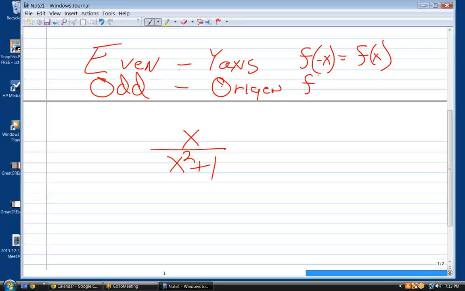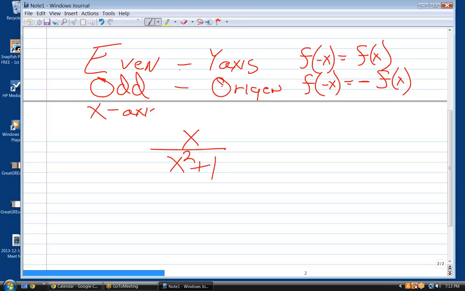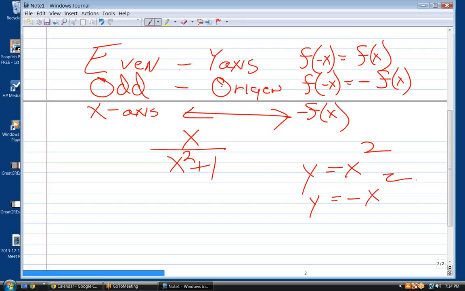Odd symmetry means f of minus x is equal to minus f of x. And x-axis symmetry means minus f of x. In other words, if y equals x squared, x-axis symmetry would be y equals minus x squared.